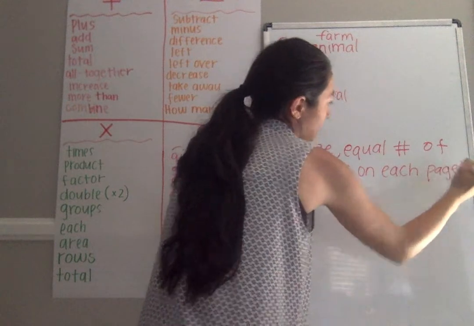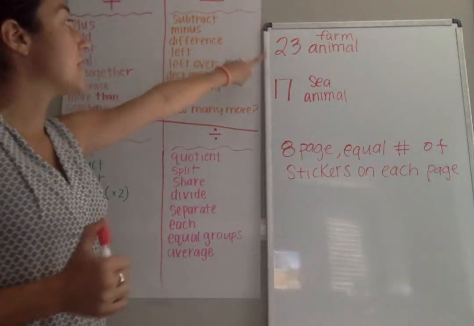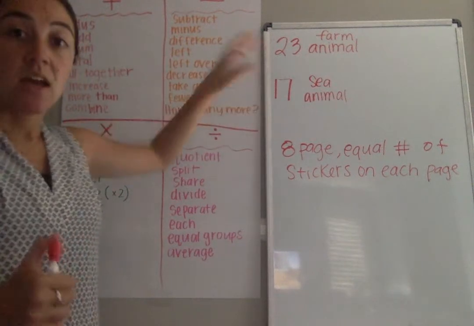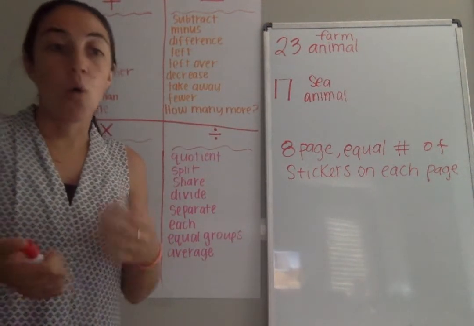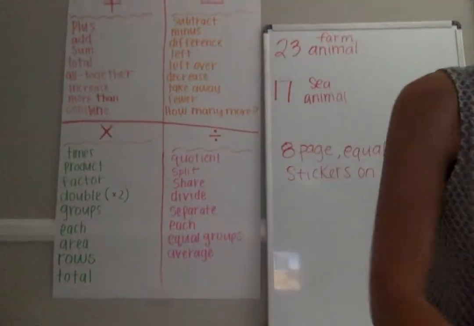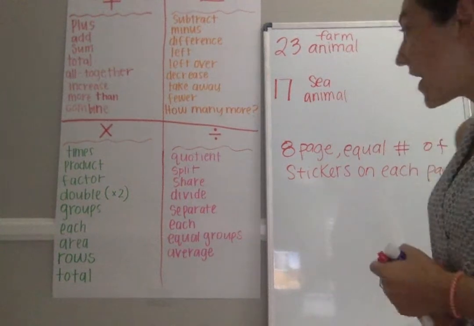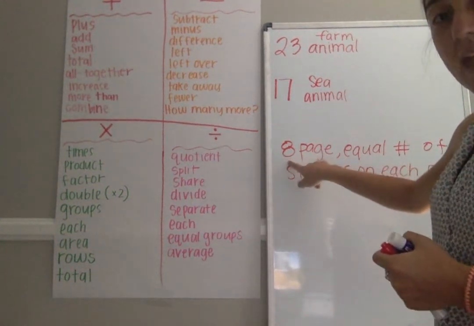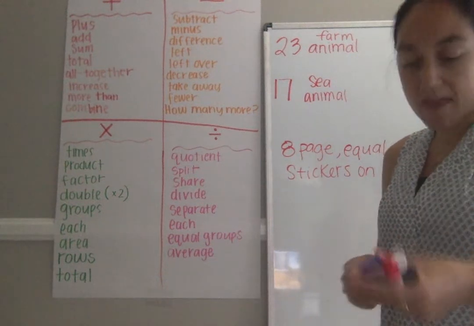The way that we're going to work through this today is that we need to add 23 and 17 together to find out how many stickers he has all together first. Once I know how many stickers he has all together, then I am going to divide that number by 8 to find out how many stickers were on each page.